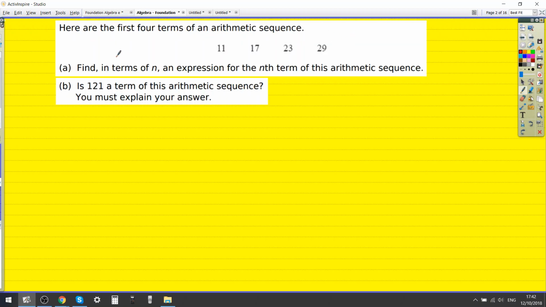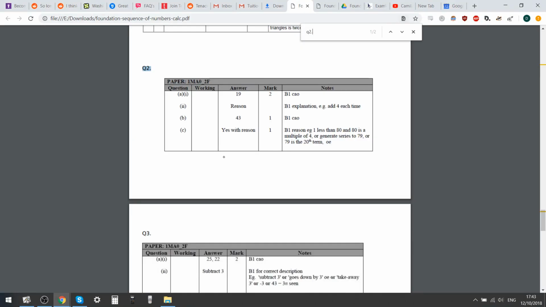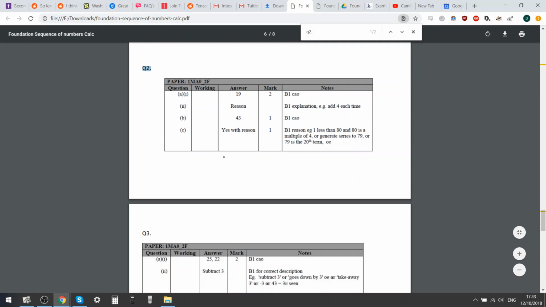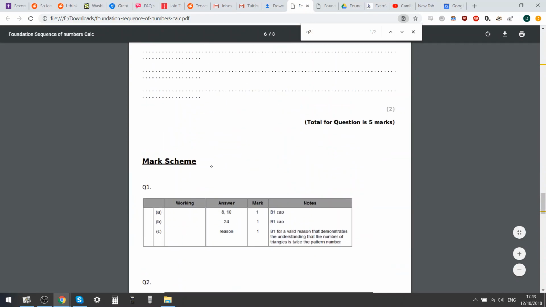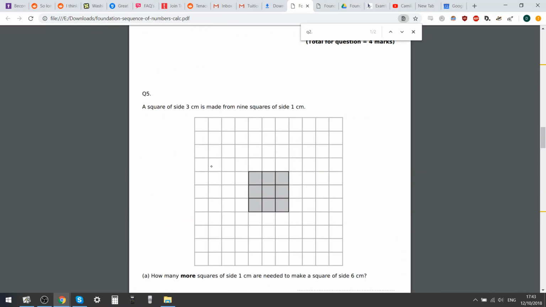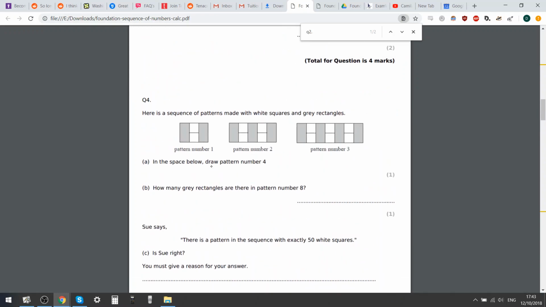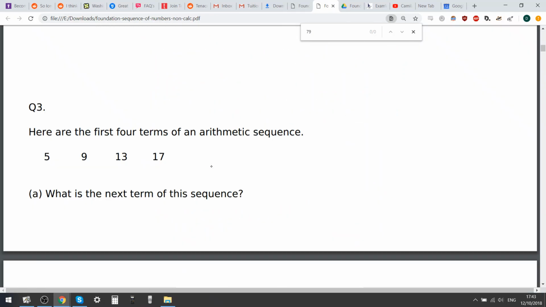Hang on. So what are we doing now? Sequence of numbers. Let me just make sure. This is a sequence of numbers calculator, so that's the next one.